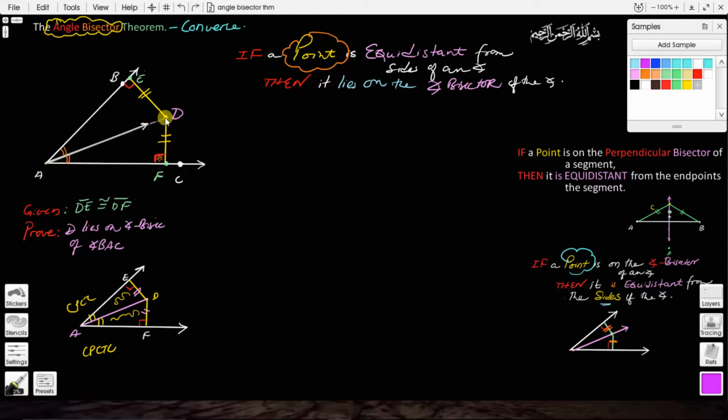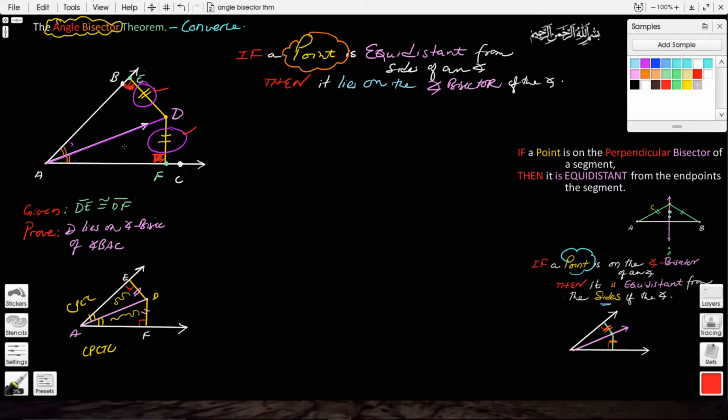So we're going to construct those two triangles. Now we have this given to us, and that's the perpendicular distance here. So we know that those two angles have to be congruent, because that's how you measure distance between a point and a line, a perpendicular distance. So we know that's a right angle, that's a right angle, and all right angles are congruent. And we know those two segments are congruent, and that's given.